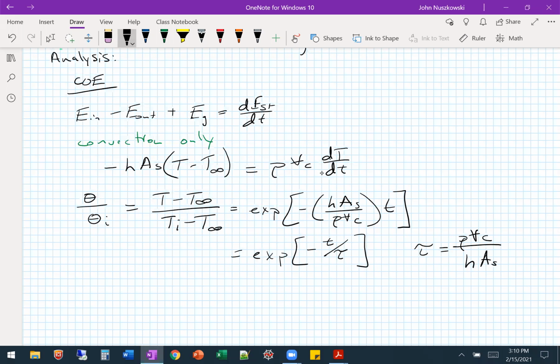It's just inverting all those constants together. We saw convection only.